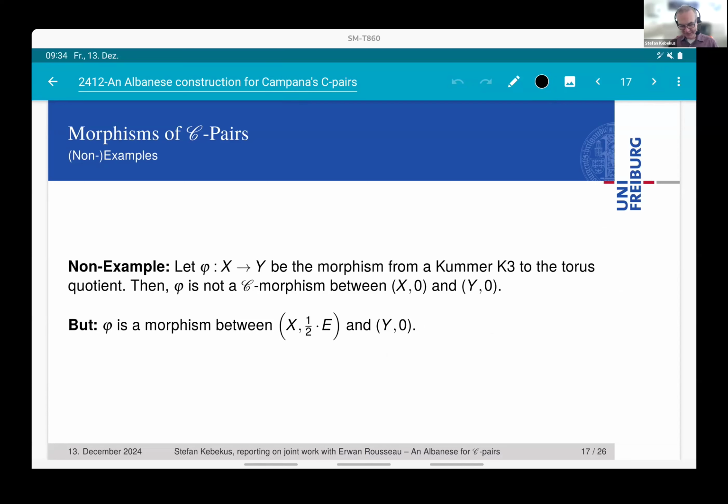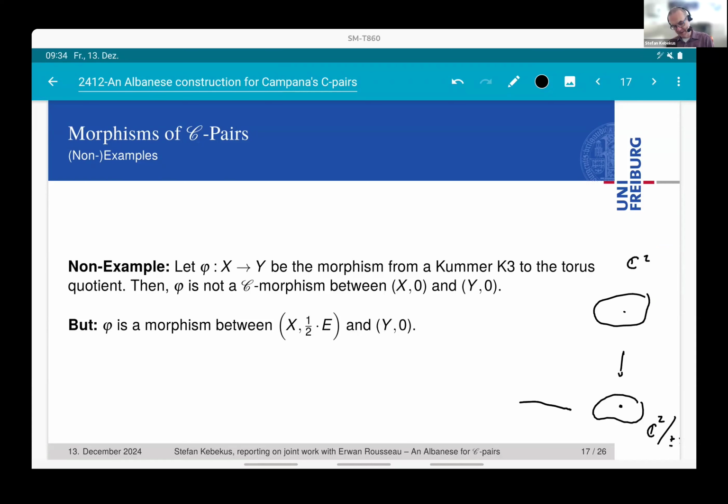So I have a quotient singularity of the simplest form that I can think of, a quotient singularity that looks like C2 modulo plus minus 1. So the simplest quotient singularity that we can look at is the A1 singularity.